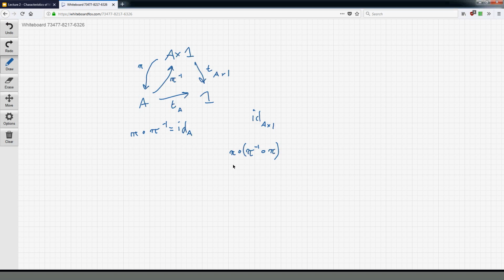Well, we know that composition is associative, so you just move the parentheses around, right? And we already proved that this is the identity on A, so this is just equal to pi. That's great, and that's essentially how you would do that.